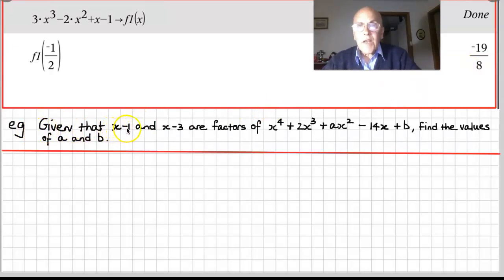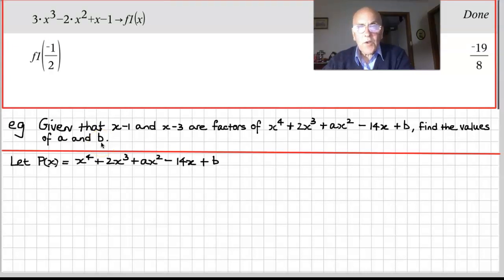Something else for us. Given that x minus 1 and x minus 3 are factors of this, in other words, they don't have any remainder at all, now we've got two little pronumerals lurking in here. We're going to find the values of a and b, a very straightforward application of the factor theorem. We've got our polynomial there.